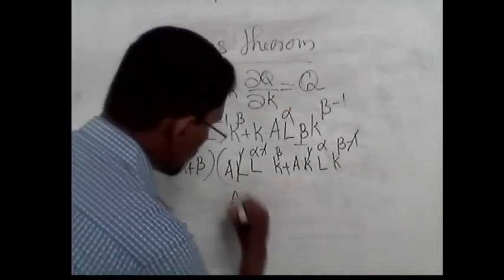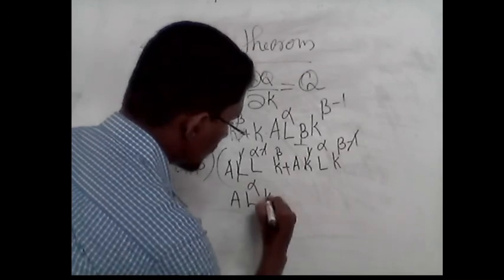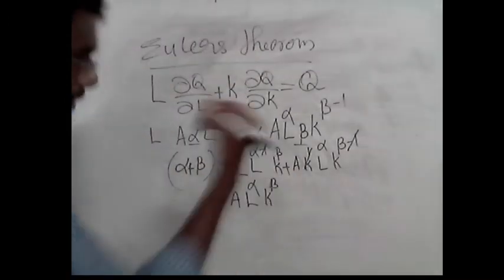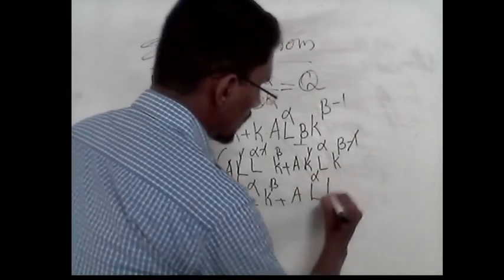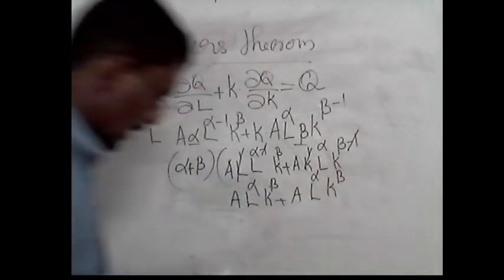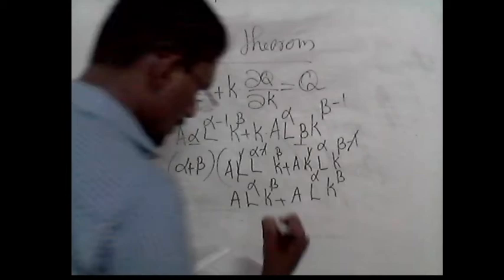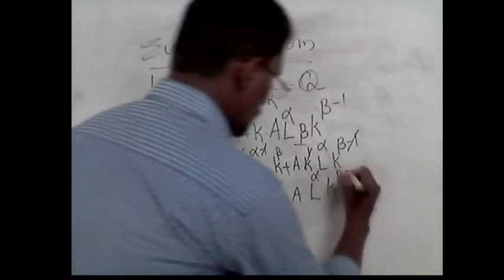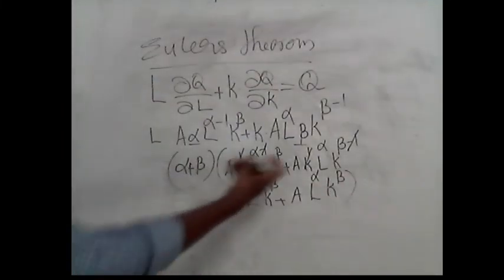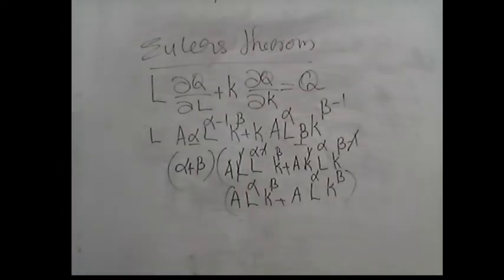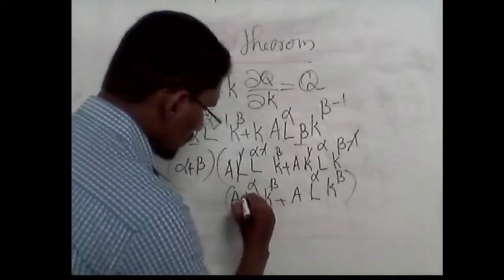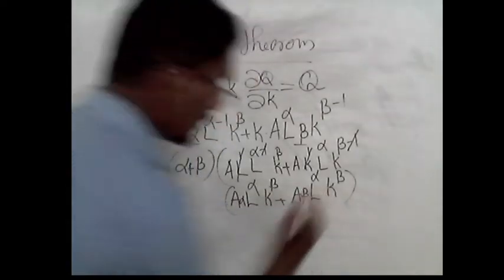Here A L raised to alpha and K raised to beta is taking place, plus here also A L raised to alpha and K raised to beta. And here also this value, that is alpha plus beta, is always there, that is here alpha is there and here beta is there.